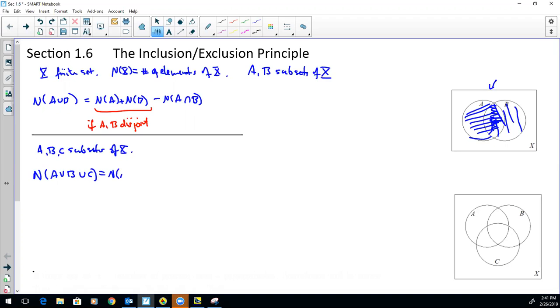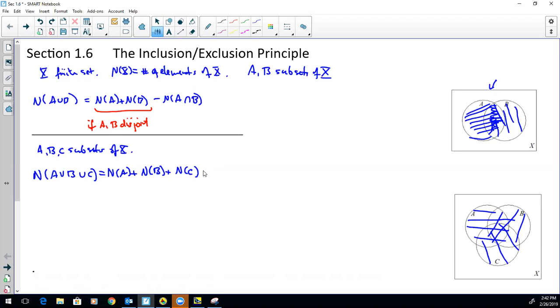First, let's take everything that's in A, and you may not be able to read that. Add to that everything that's in B. Add to that everything that's in C. So we take the A stuff, the B stuff, and the C stuff.